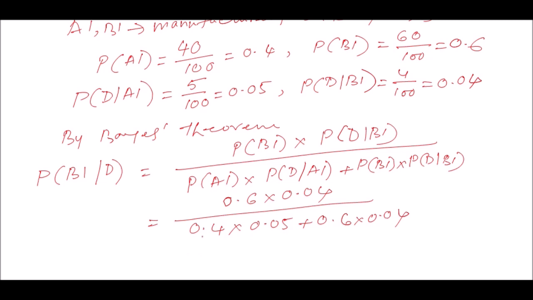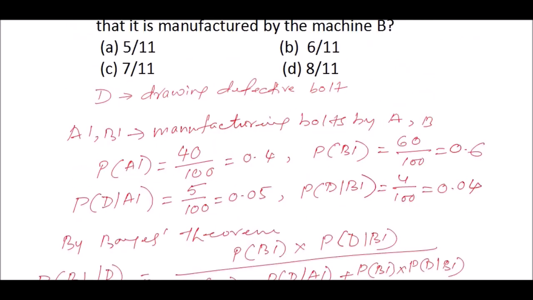Now if you simplify, you will see that above it will be 24 and then 44, and then we'll get 6 by 11, and that is the required probability. Therefore, we can see option B is the correct option.